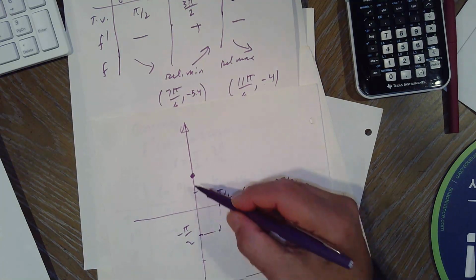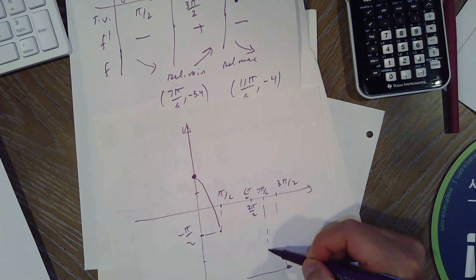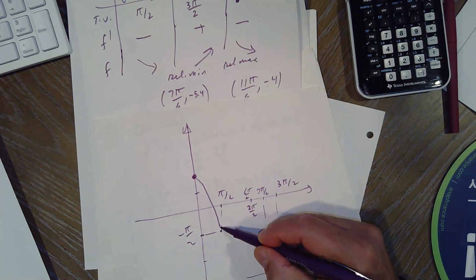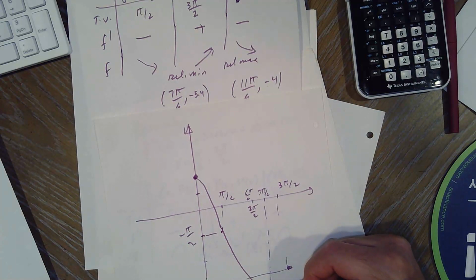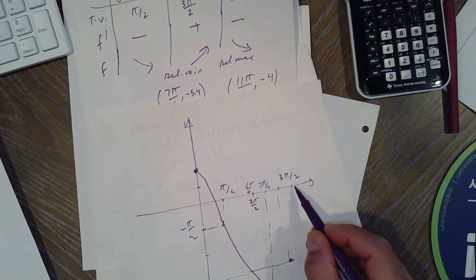So basically it's going to look like this, and then at 7 pi over 6 it's going to have a minimum, and then it has a value at 11 pi over 6.